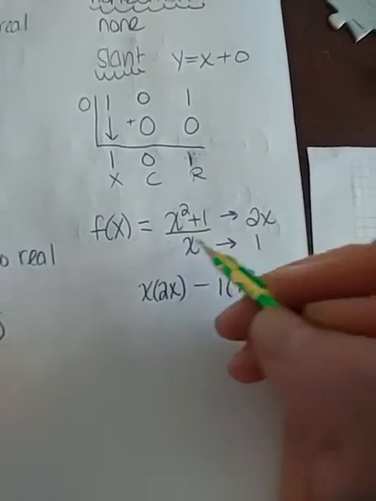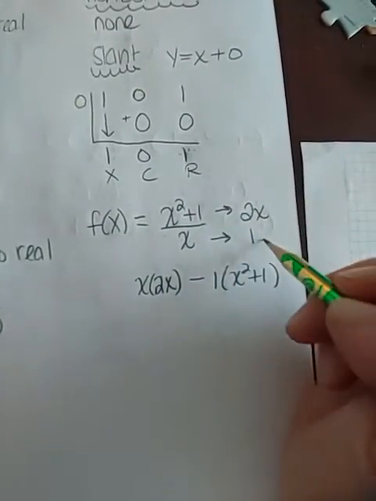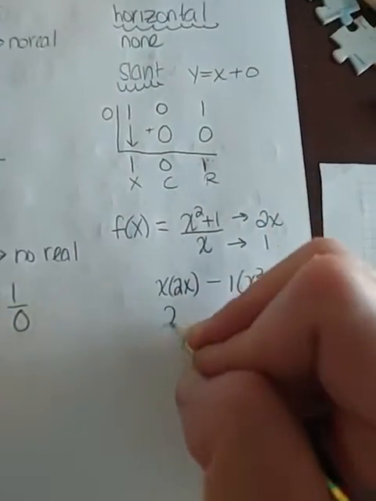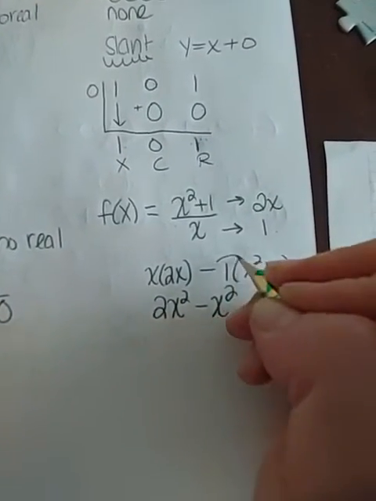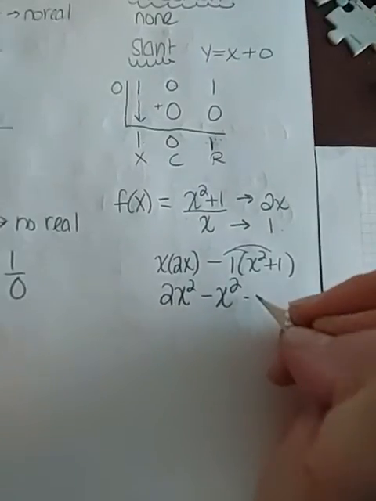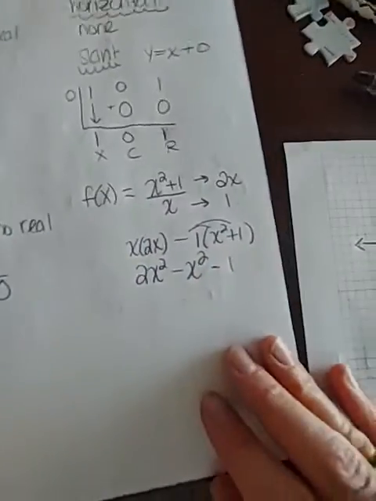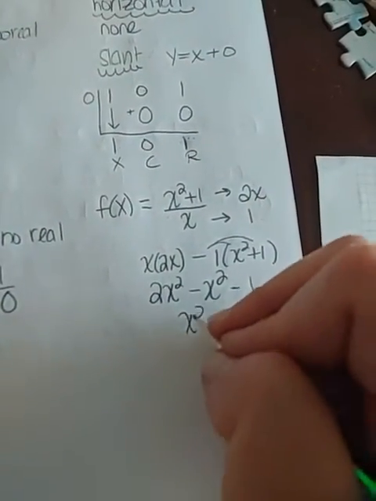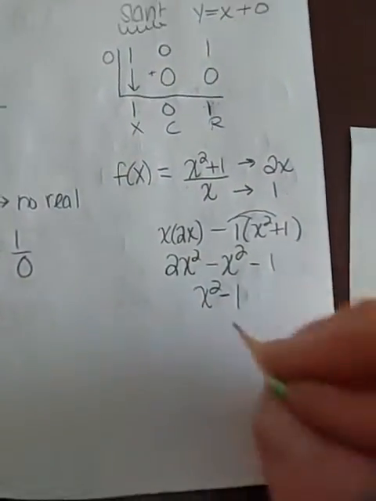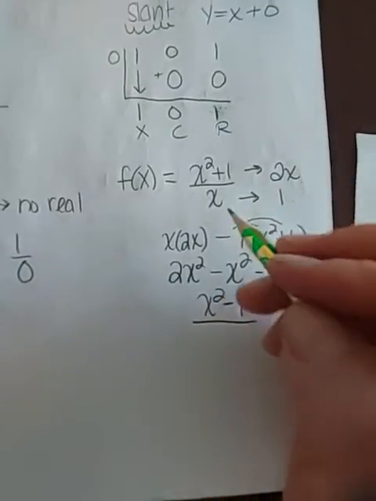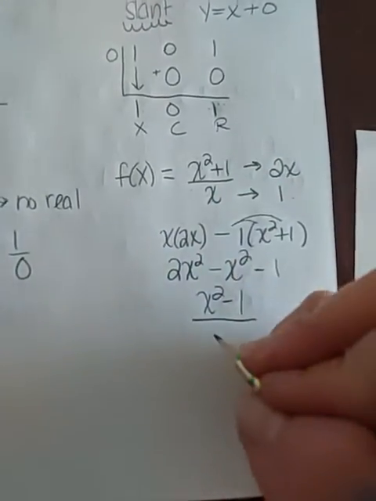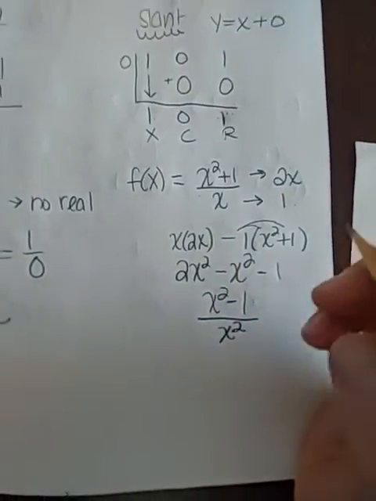This times this minus this times this. So we have 2x squared minus x squared, and I'm pulling that minus 1. So I have x squared minus 1 over the bottom squared. So the bottom was x, so the bottom squared is x squared.